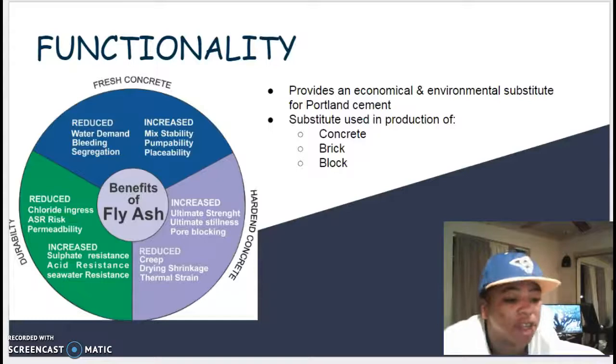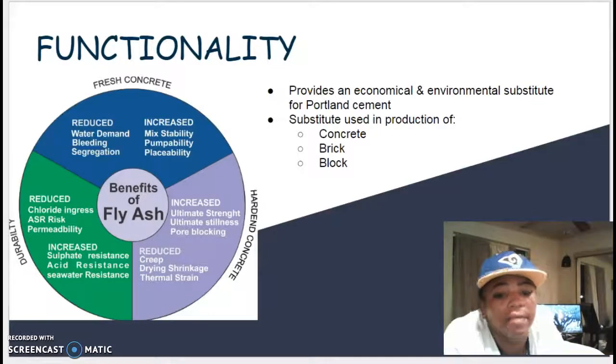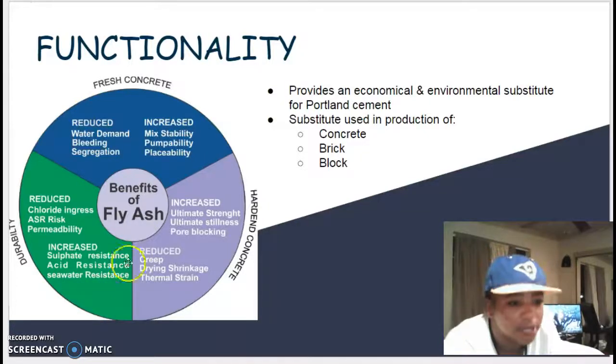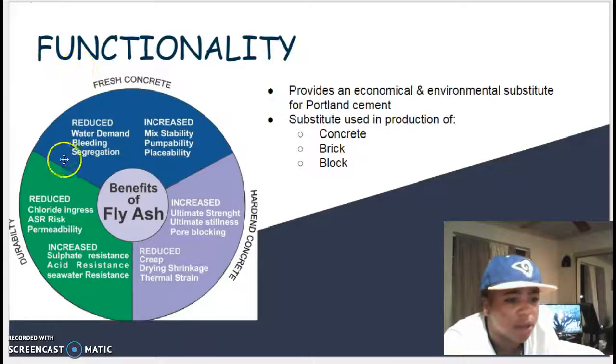Anyway, moving on, functionality. It provides an economical and environmental substitute for Portland cement. As you see here, I used a pie chart I liked, and it shows a couple of the benefits of fly ash.